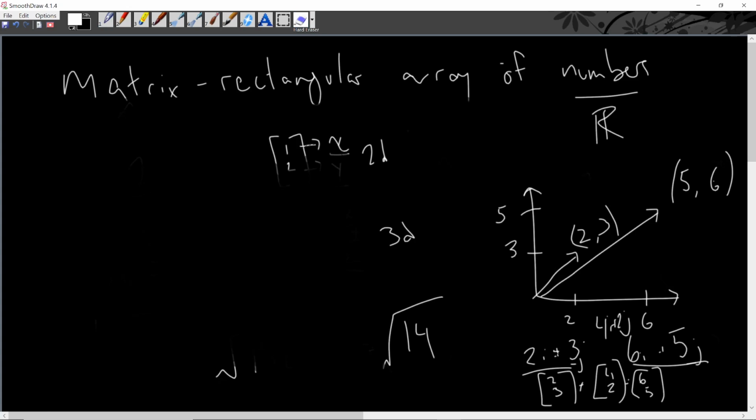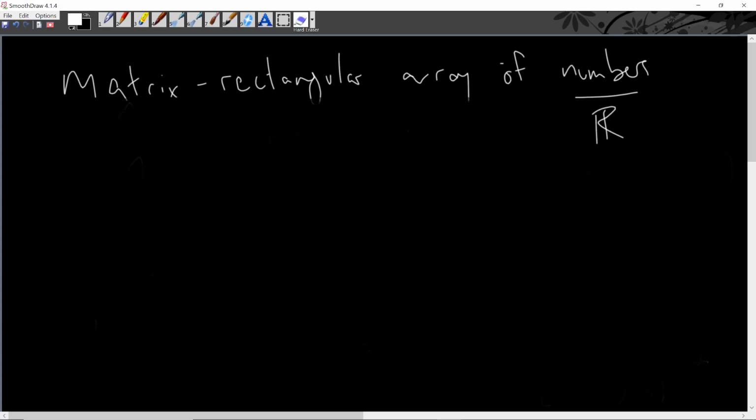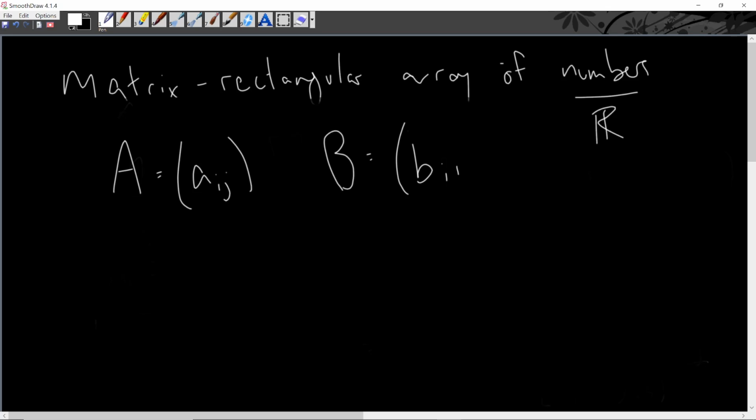And that is as follows: given some matrix A equals all of the elements a_ij, and B equals all of the elements b_ij, then A plus B equals C, some matrix of the sum of these two matrices.